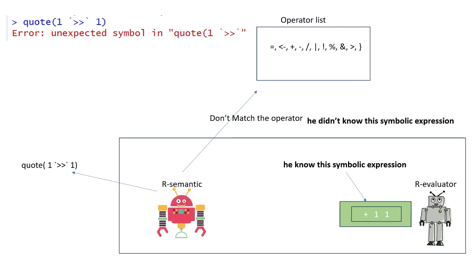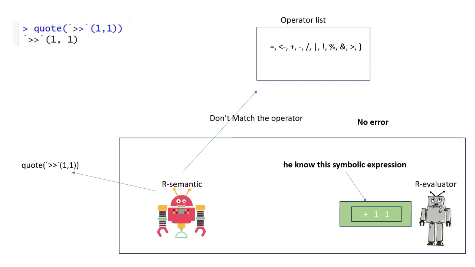It doesn't know this type of symbolic structure, that's why it gives you an error. It knows this type of symbolic expression, as you can see in the slide in the green box, but it did not recognize the infix way of writing a symbolic expression. That's why it returned the error. Similarly, if you write the symbolic expression like this, then it does not give you an error. It returns a function, so this time there is no error.